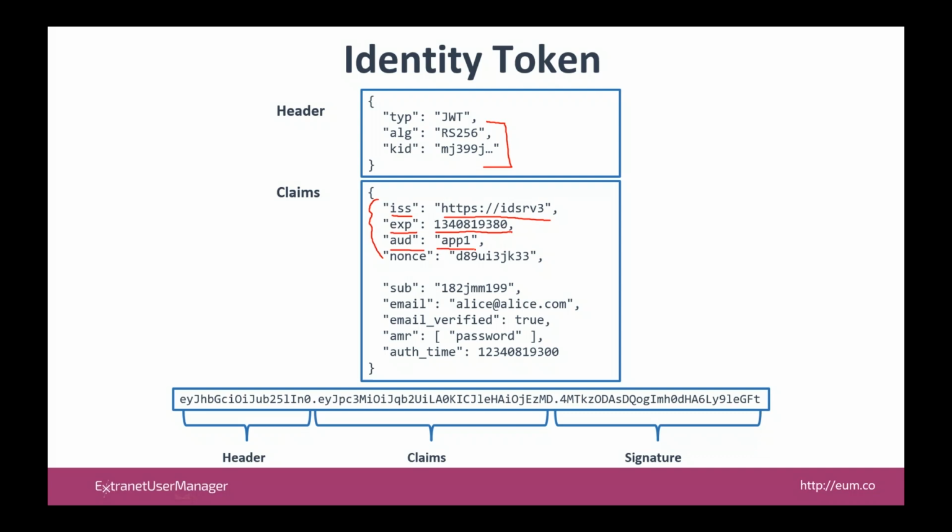You don't want to process tokens that were meant for other applications. And then here's that nonce that I talked about, that is for the replay detection. So you keep track of the nonces that you had previously requested and then are expecting a result for.